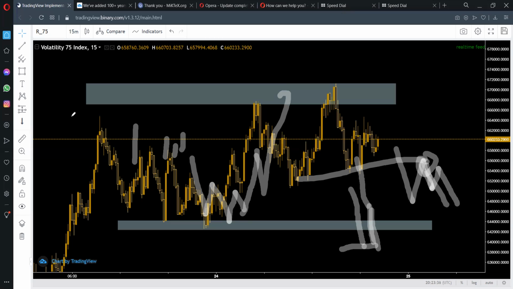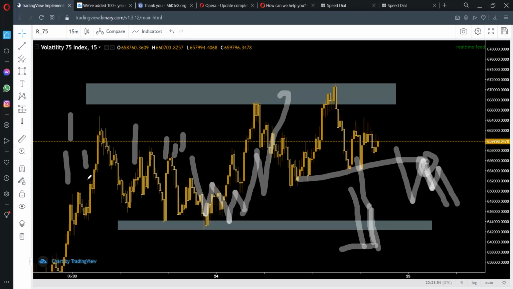That rejection, that low created on the higher time frame, the formation behind that low we can see on the lower time frames, because it gives us certain candlestick patterns. Those patterns will tell you to sell at this point or buy at this point.